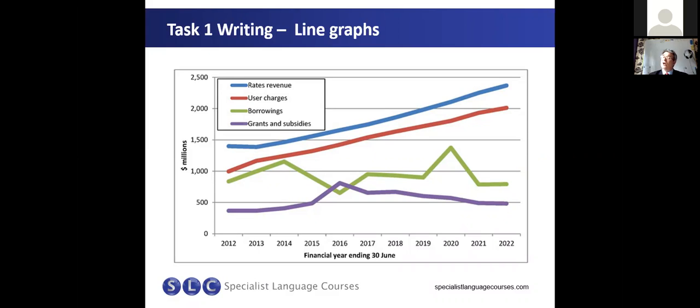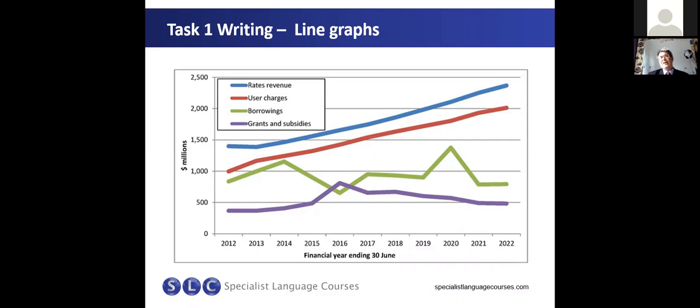So the wording would be something like, in 2020, there will be a peak at around, what would it be, $1,400 million, before dropping back down and leveling out in 21-22.